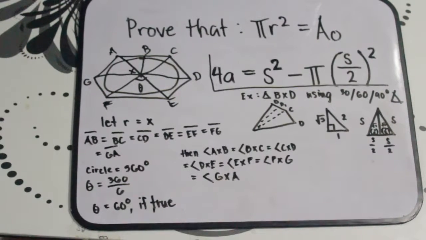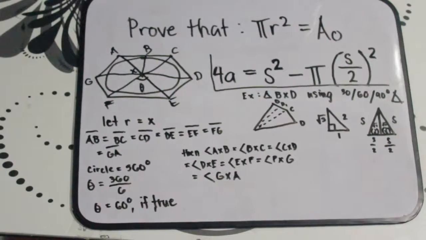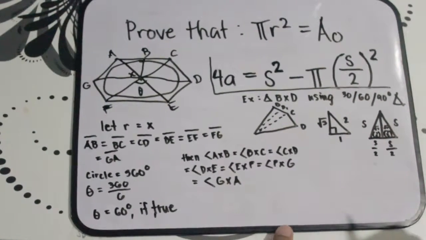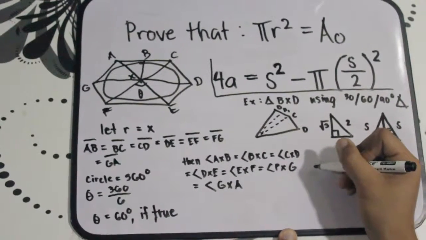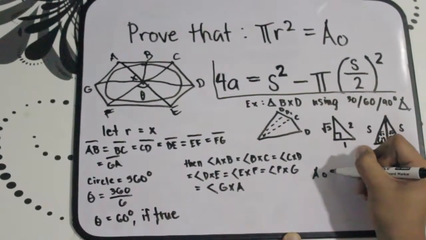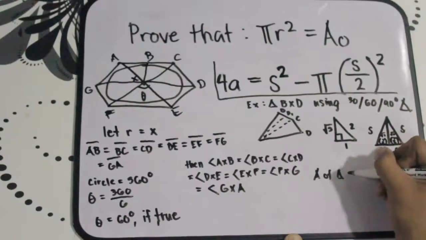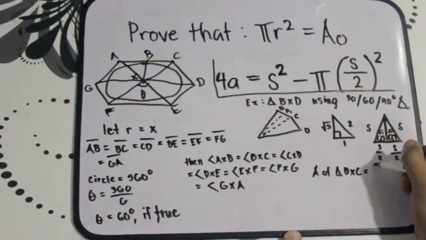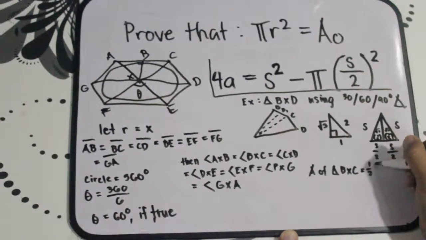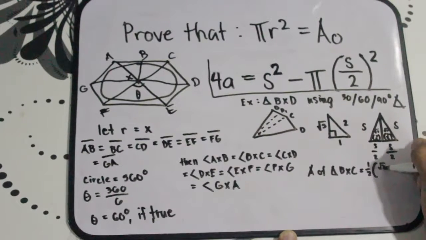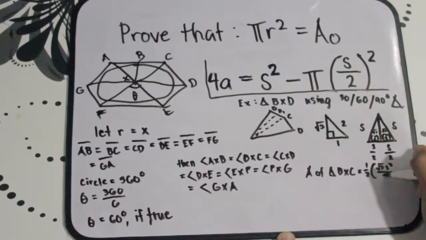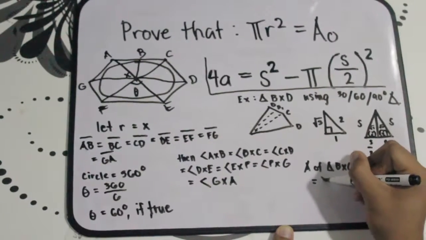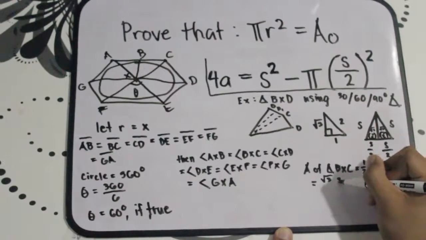Since we already proved the fact that the area of the triangle will be S over 2 times square root of 3, therefore the area of triangle BXC is equal to 1/2 times quantity square root of 3 S squared over 2, which is also equivalent to square root of 3 S squared over 4.